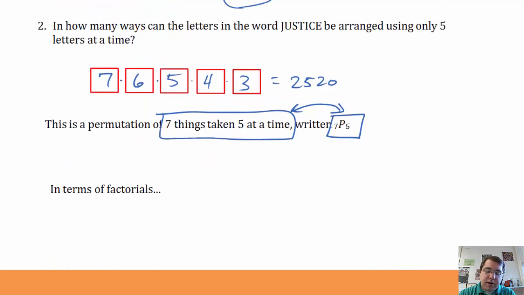In terms of factorials, 7 times 6 times 5 times 4 times 3 is almost 7 factorial, except we're not multiplying by 2 and 1. So it's really 7 factorial divided by 2 factorial. So 7 things taken 5 at a time was 7 factorial divided by 2 factorial. The 2, notice, is just 7 minus 5.